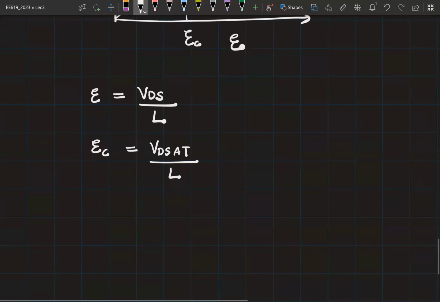So if the voltage I apply is equal to VD sat, that means that the drift velocity has saturated. Is that clear? So instead of focusing on the velocity, now I have a corresponding voltage. So if the VDS I apply is greater than or equal to VD sat, I know that the drift velocity has saturated and the current has also saturated. Is this okay? Okay.